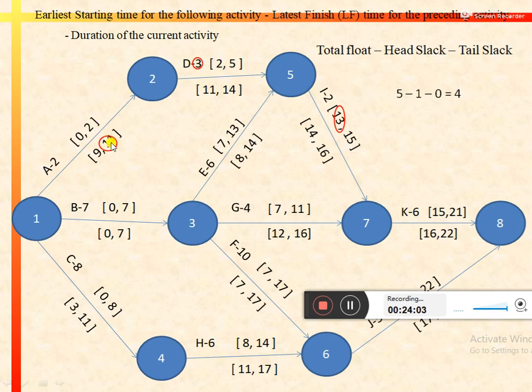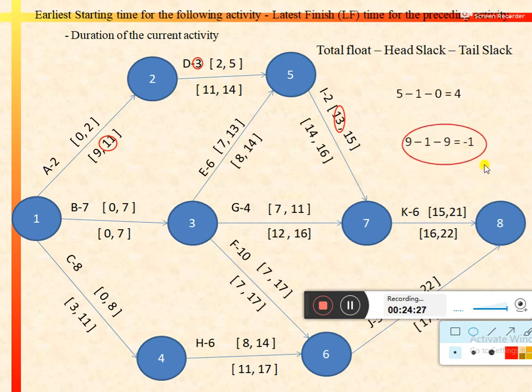And tail slack would be equal to 11 minus 2 or 9 minus 0. So it would be 9. So total float is 9 minus head slack, that is equal to 1, and tail slack, it is equal to 9. So the value of this expression would be equal to minus 1.